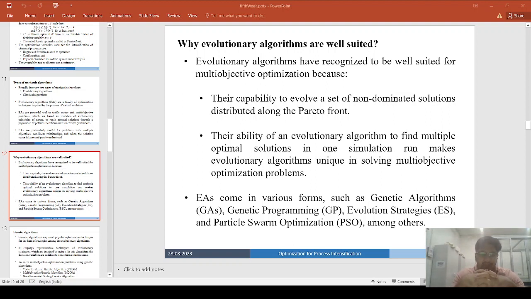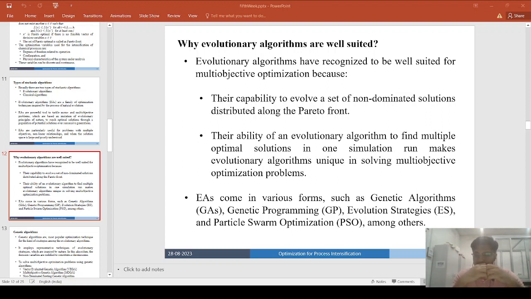Evolutionary algorithms have been recognized as well suited for multi-objective optimization problems because of their capability to evolve a set of non-dominated solutions distributed along the Pareto front.